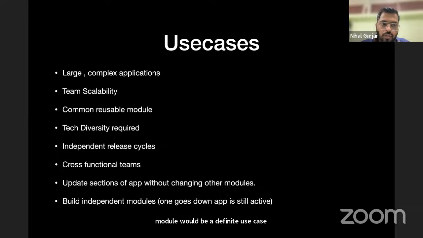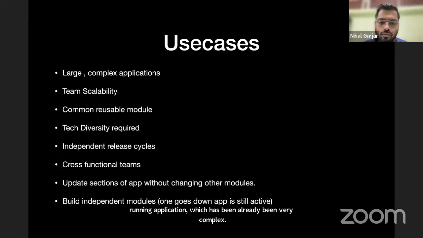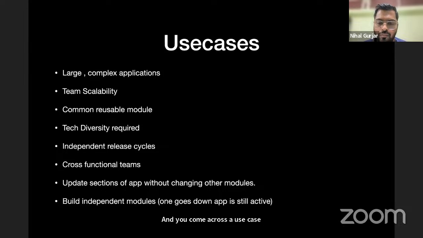You can use this approach if you want to have tech diversity in your application. Let's say you already have a large running application which is very complex, and you come across a use case where the specific framework you are using doesn't suit your requirement, and you want to build that functionality on a different framework.